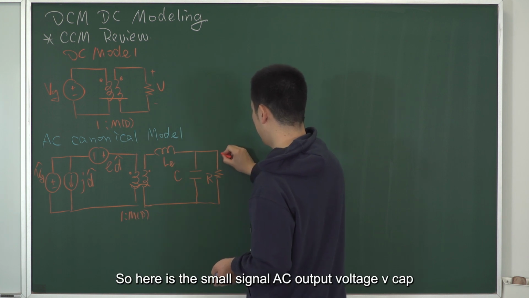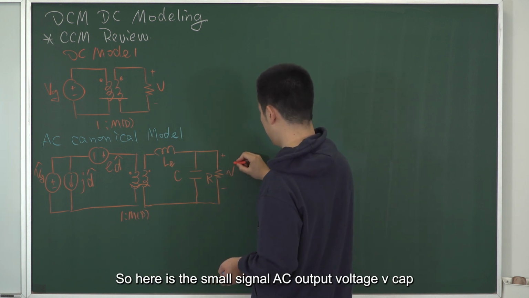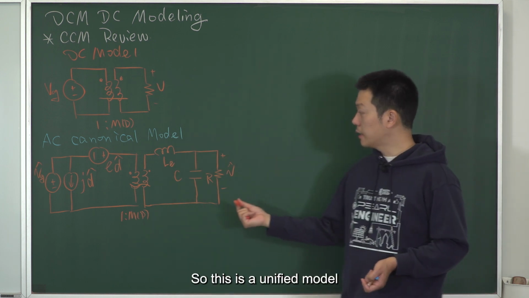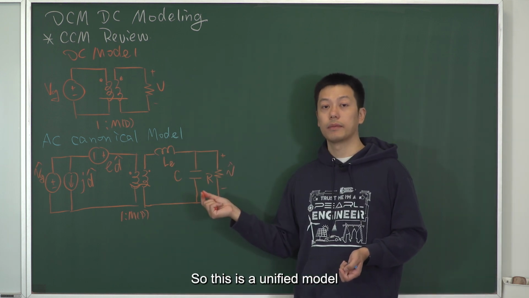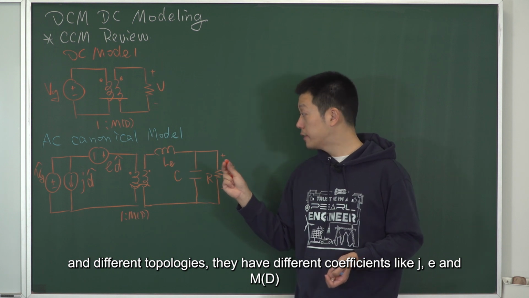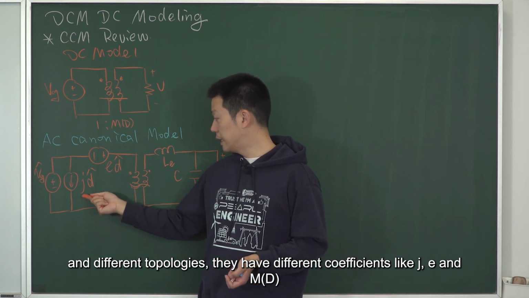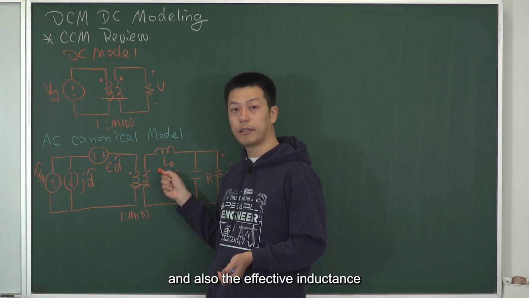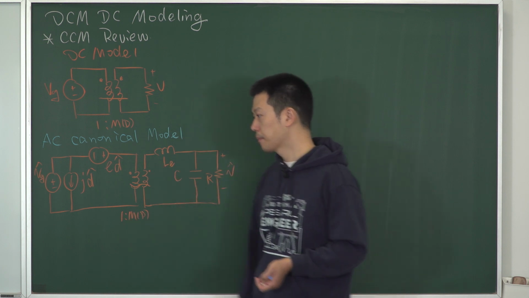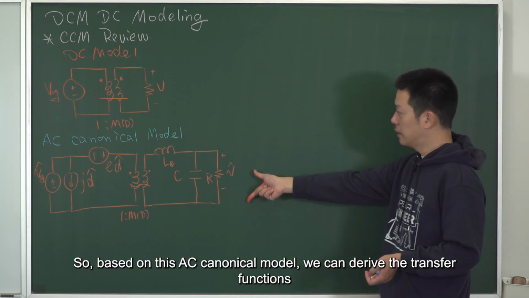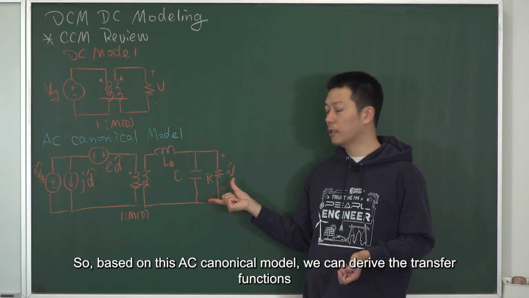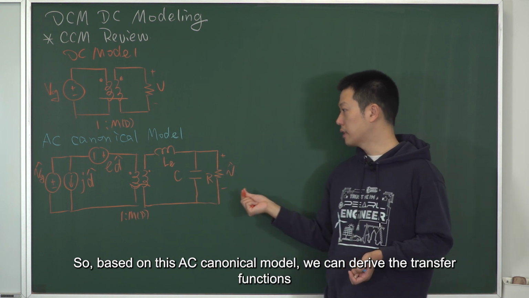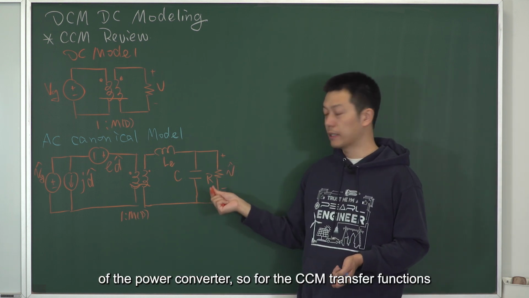Here is the small signal AC output voltage, V cap. So this is a unified model, and the different topologies have different coefficients like J, E, and MD, and also the effective inductance.